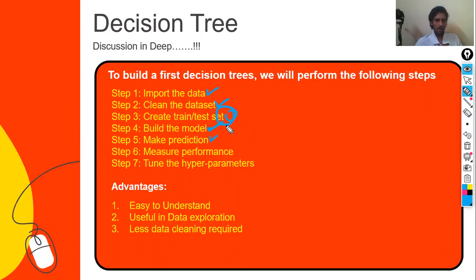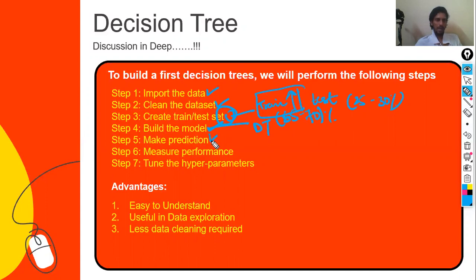Here, when you build a model, you would be implementing the decision tree algorithm, and here you would be splitting your train and test. Now, we all know that test is generally anywhere between 25 to 30%, and train is anywhere between 65 to 70%, because your training model should always have greater data.